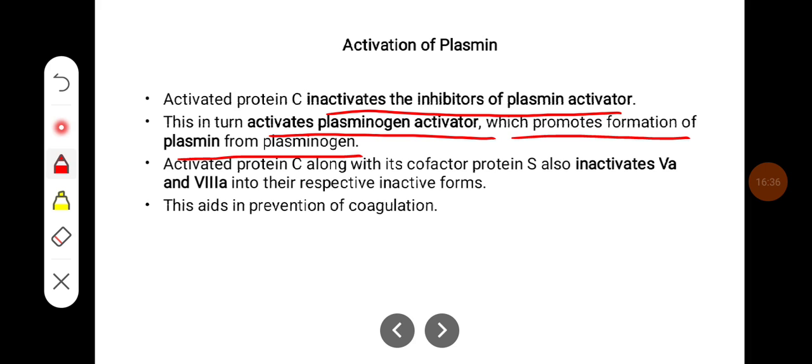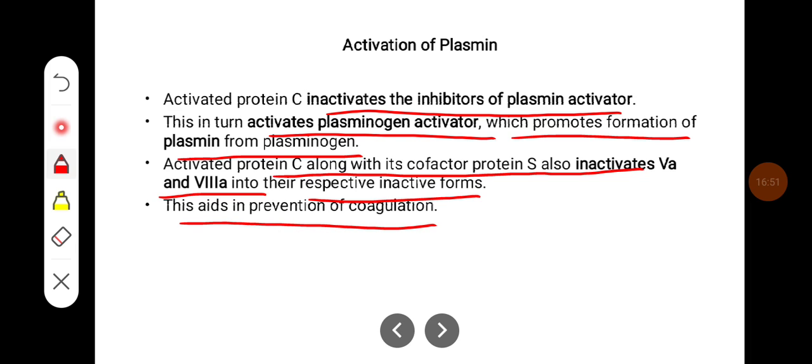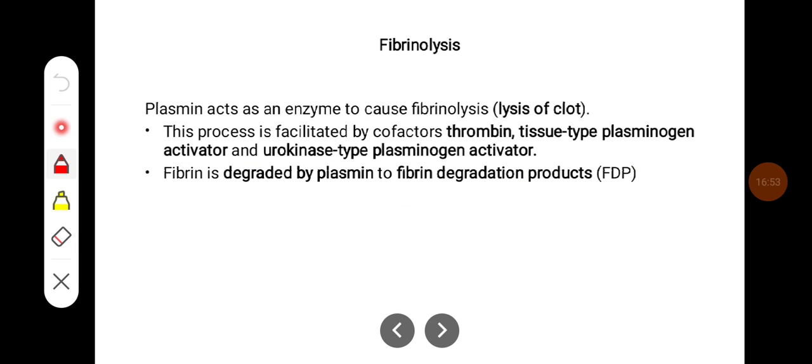The activated protein C along with cofactor protein S also inactivates active factor 5 and active factor 8 to their respective inactive forms. This aids in the prevention of coagulation. Plasmin acts as an enzyme to cause fibrinolysis, that is the lysis of clot.